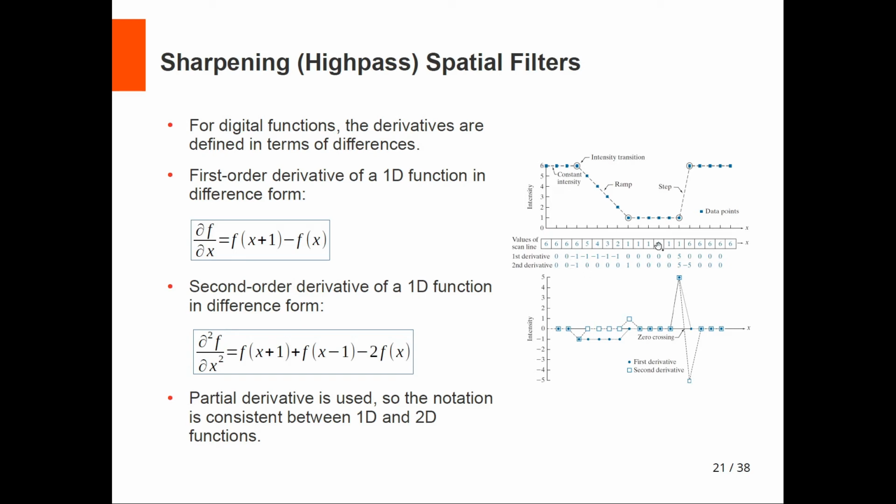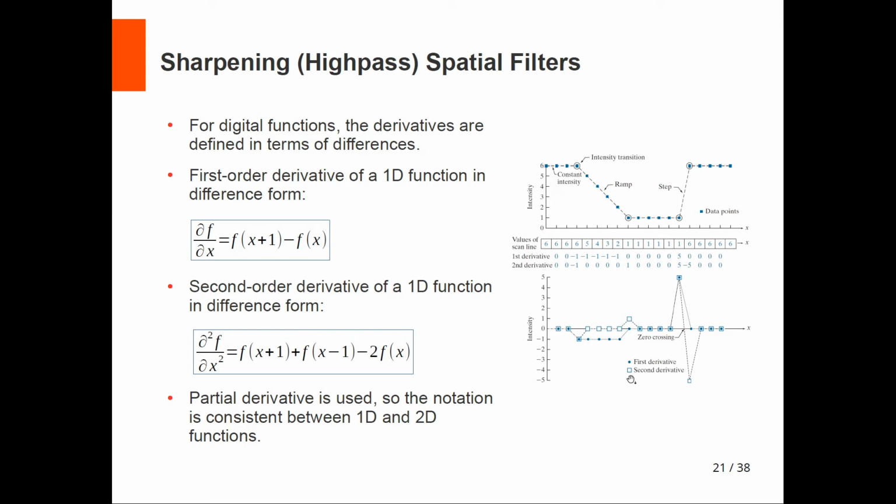And we do the same for all the pixels of the original image. So when we do this, this is the curve that we get for the first derivative and the second derivative. So the first derivative is shown with these filled circles, and the second derivative is shown with these hollow squares. So now let's see what happens first for the areas of constant intensity.